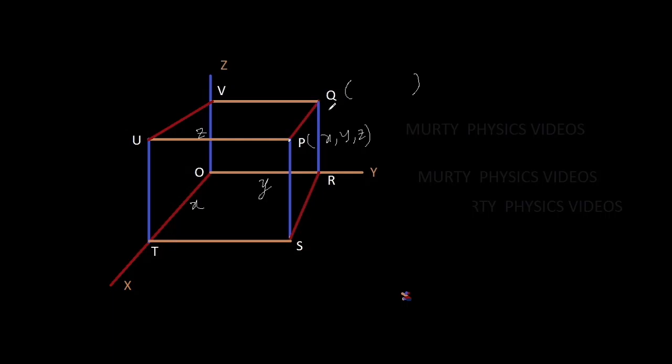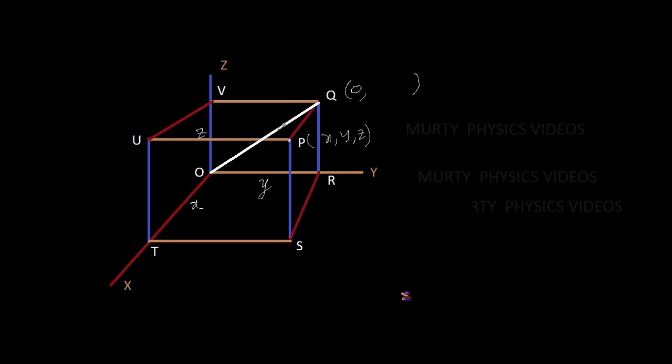Now, if you want to find the x coordinate of this Q, you draw a perpendicular line that is normal onto the x axis like this. If you draw a normal onto the x axis from this point Q, it cuts at the origin. Therefore, the distance of this point O from the origin is nothing but 0. Therefore, x coordinate is 0.